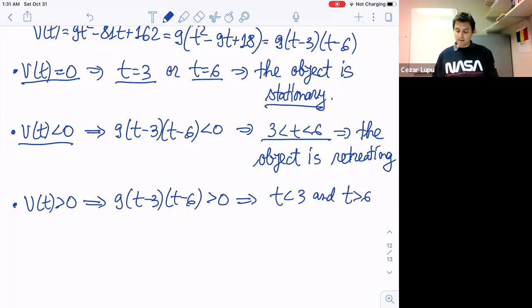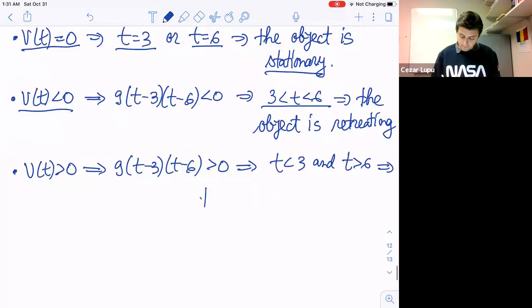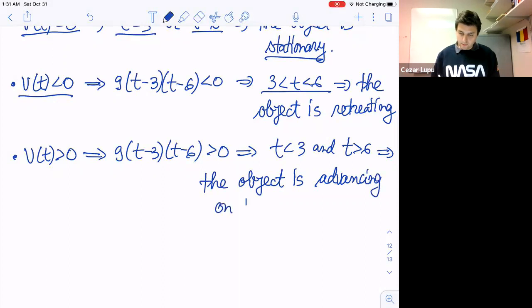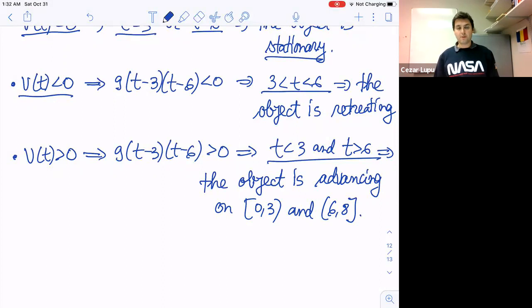So you can say that the object is advancing on the intervals 0, 3 and 6, 8. But between 3 and 6, the object is retreating. So it goes advancing, then it retreats, and then it will advance again.